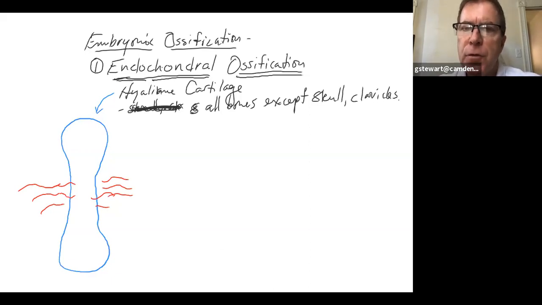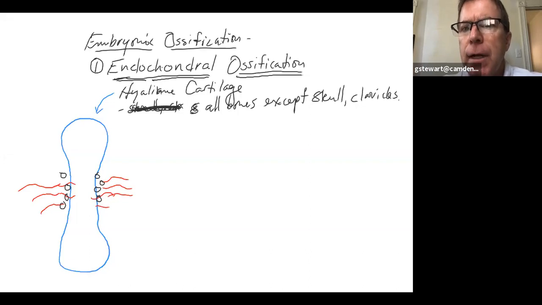Mesenchymal cells, which are those embryonic connective tissue stem cells, differentiate. Your book doesn't say this step, but they first differentiate into osteoprogenitor cells, which then give rise to osteoblasts. I'm just going to draw some osteoblasts. Those are the immature bone cells that secrete osteoid, the organic part of the bone matrix.